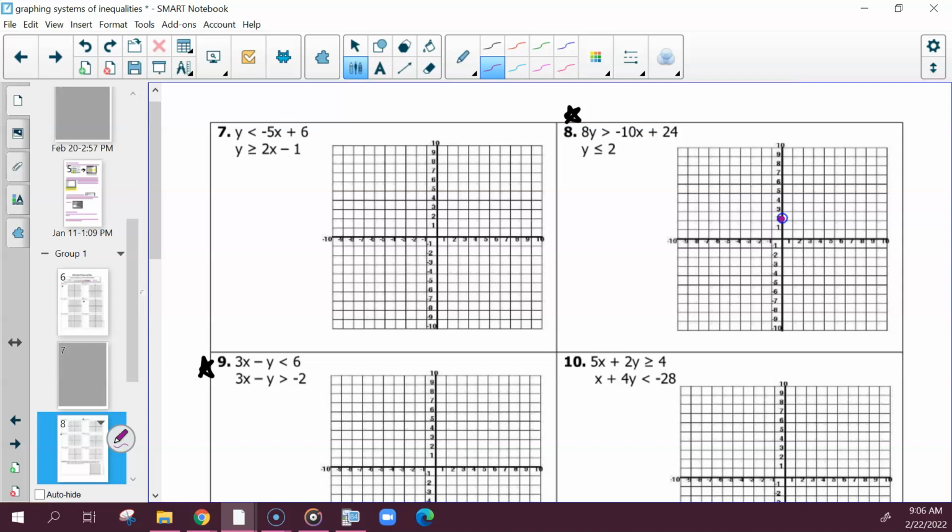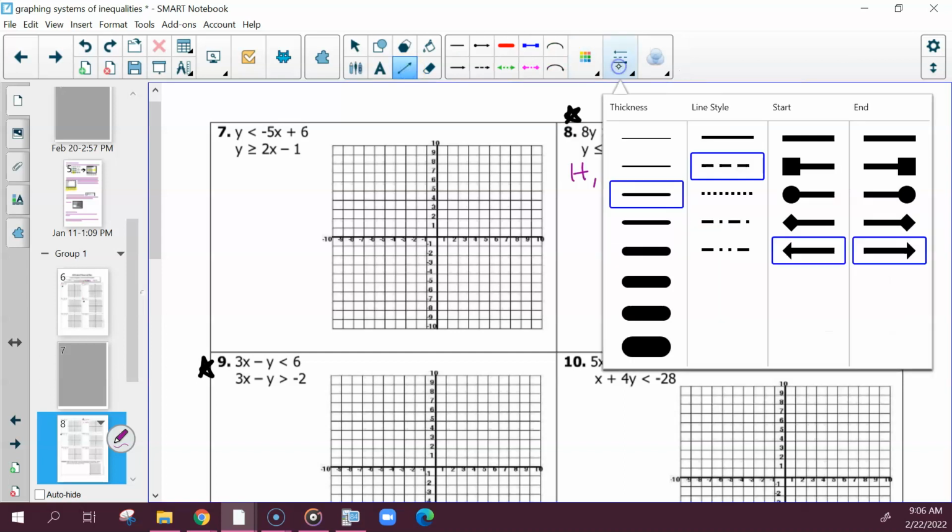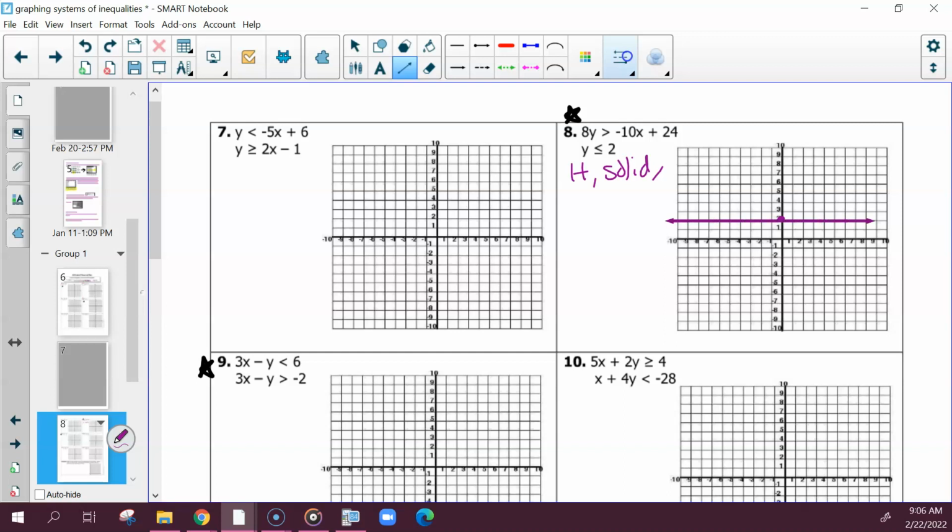So this would be a horizontal line that is solid. And then would this be shaded above or below? Yeah. Below.